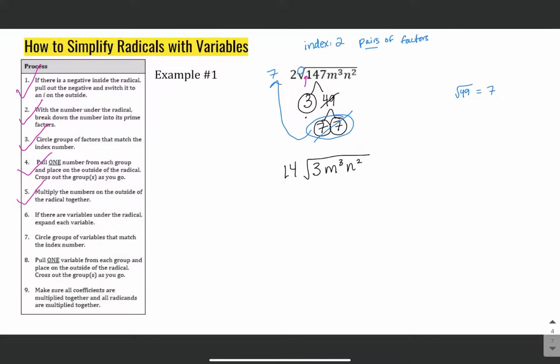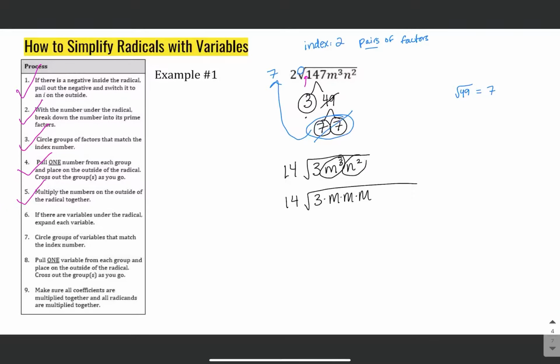All right, so now step 6. If there are variables under the radical, expand each variable. Okay, we can do that. It might be a little bit long here, but I've got 3 times, and if it's m to the third, that's going to be 3 m's. 1, 2, 3.